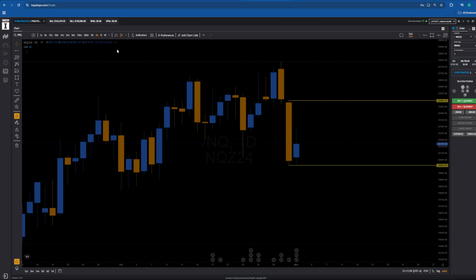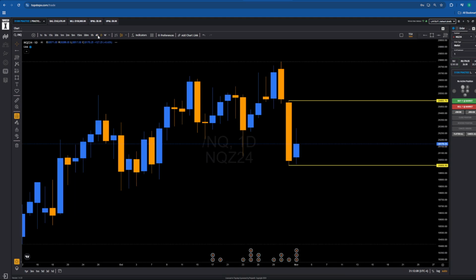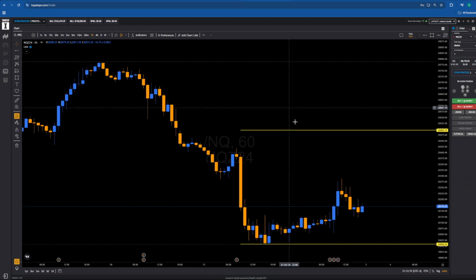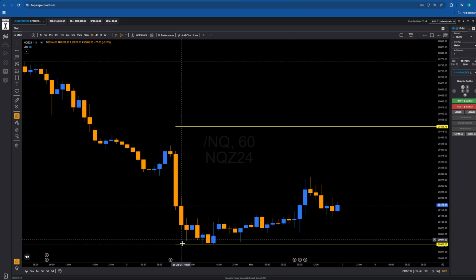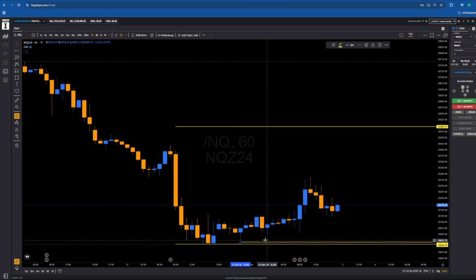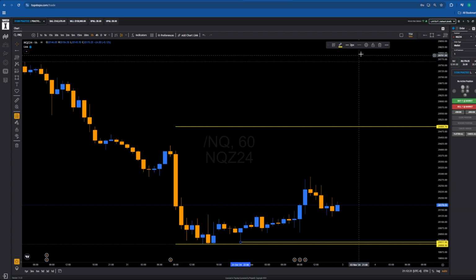And then switching on to 4 hours. Let's see. I'm not sure why 4 hours is not coming up clean. It's taking time, so let's switch to 1 hour. On 1 hour, you see all these lows I was marking, because this is also a pretty nearby low, and this is a clear swing high.